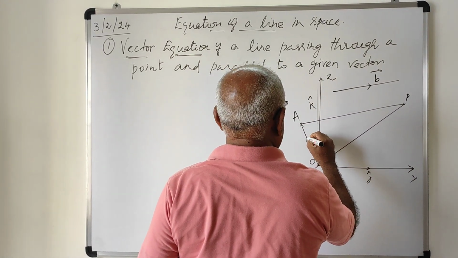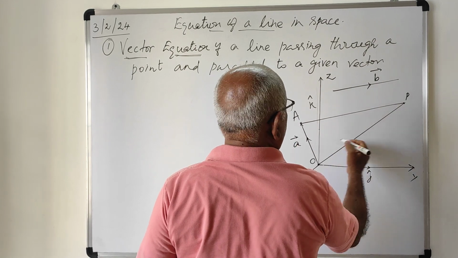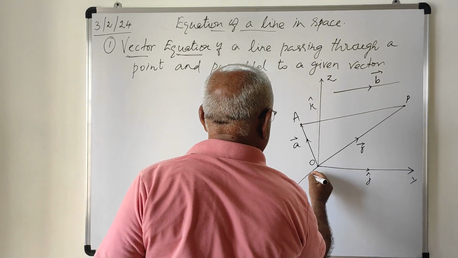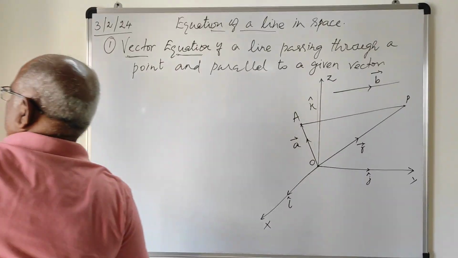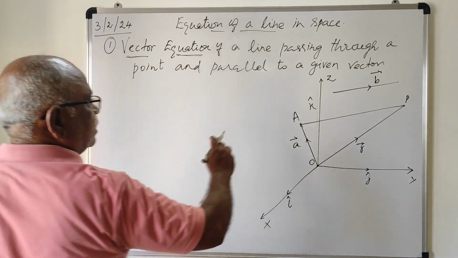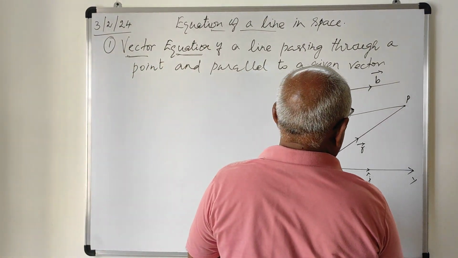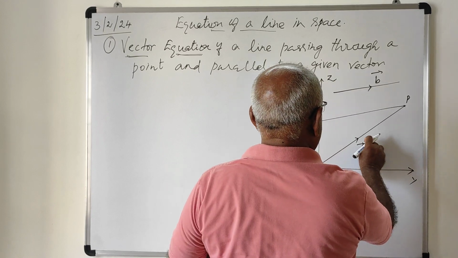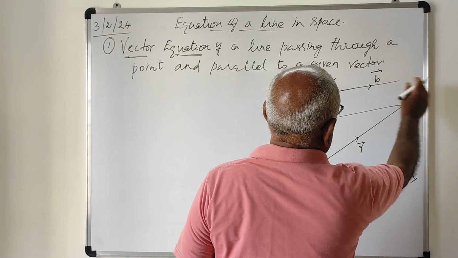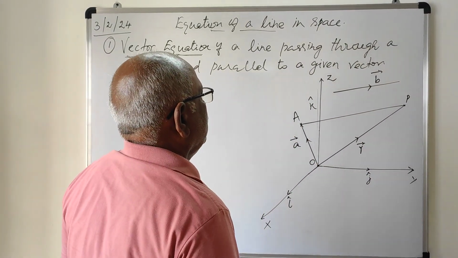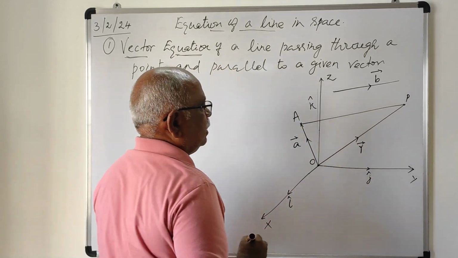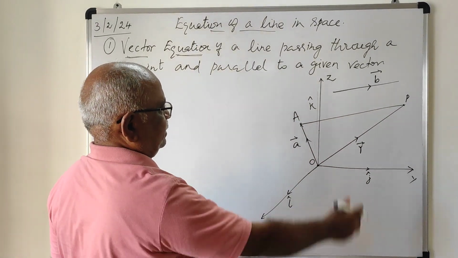OA is vector a and OP is vector r, where O is the origin. We have to find the equation of this line AP, which is passing through the given point A and parallel to the vector b. OX, OY are the coordinate axes.